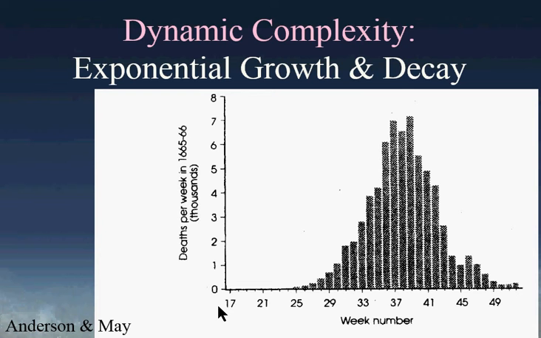This is about how that particular bacillus combines with aspects of human behavior and mixing and patterns having to do with mortality, the mortality from bubonic plague, to yield this overall curve. This is an emergent pattern.